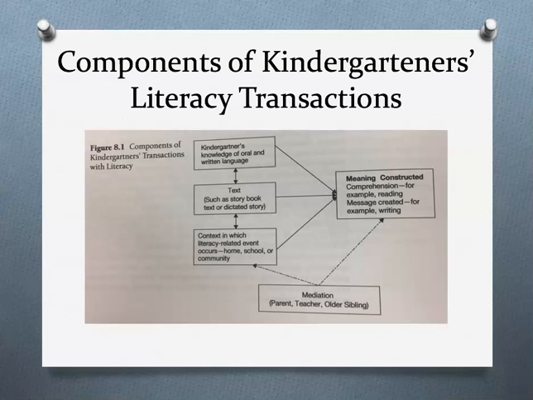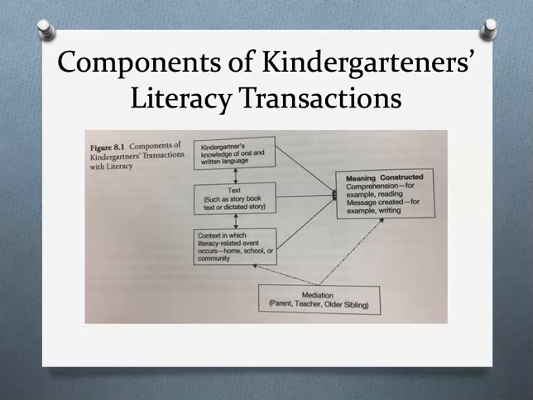And then the context in which the literacy-related events occur. And it could be happening at home, it could be happening at school, it can be happening in the community. As teachers, we're focusing on these events occurring at school, in the classroom environment. And then you have the mediation.